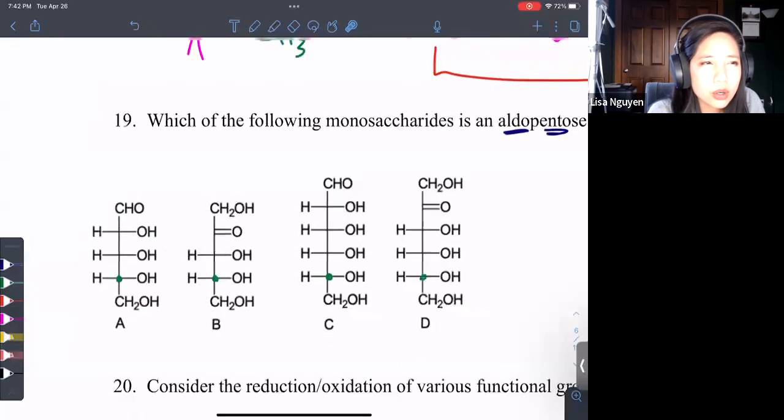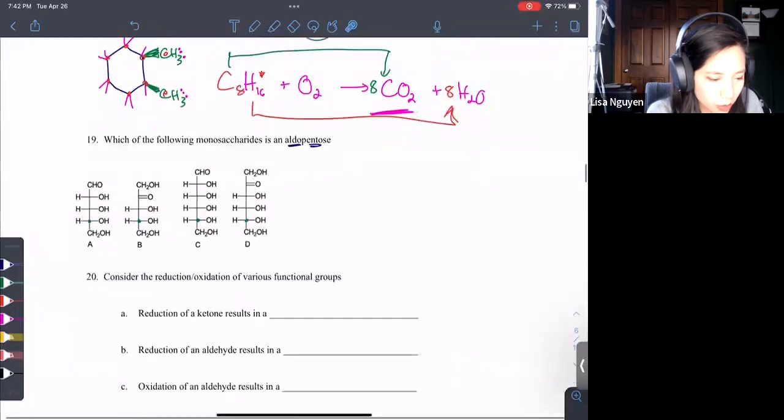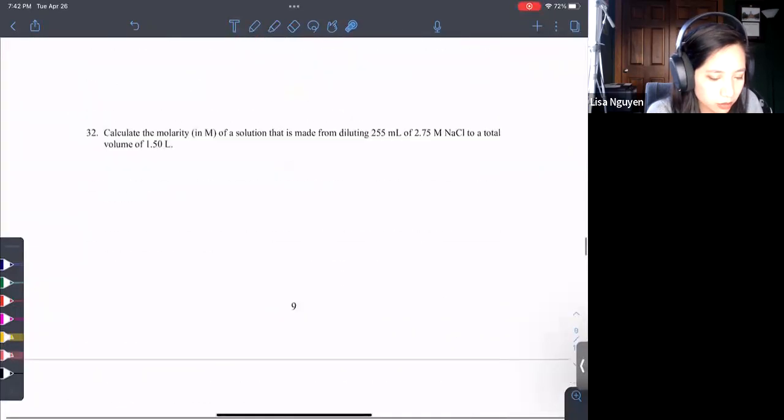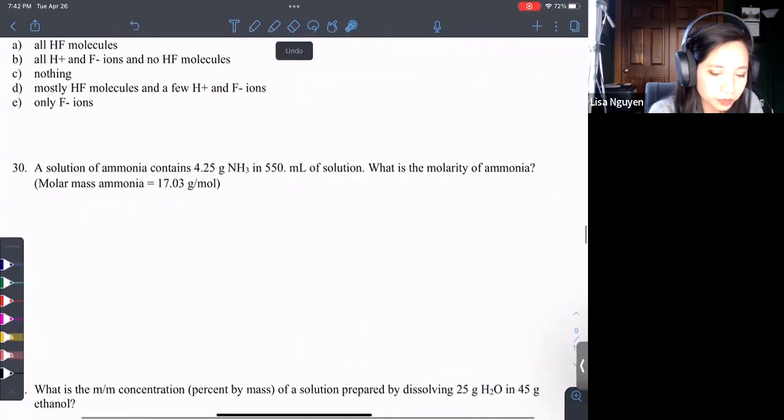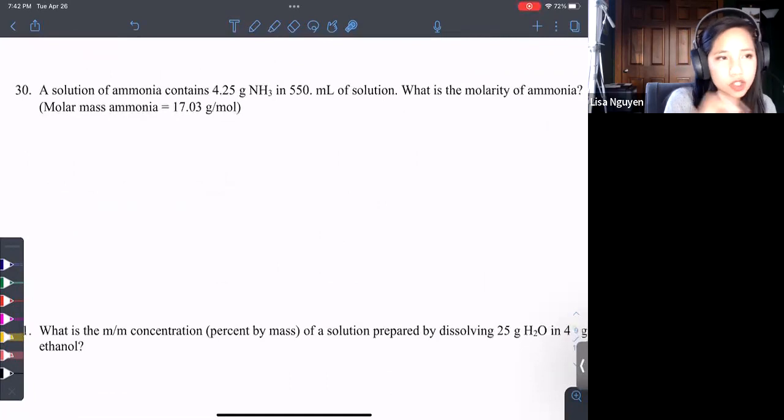Okay, so I'm going to go to 30 because that was asked. More math here. So just get down with units and you'll be good. But know what molarity means and what that unit means. So we have a solution of ammonia and it contains 4.25 grams of NH3, that's ammonia, in this much solution.